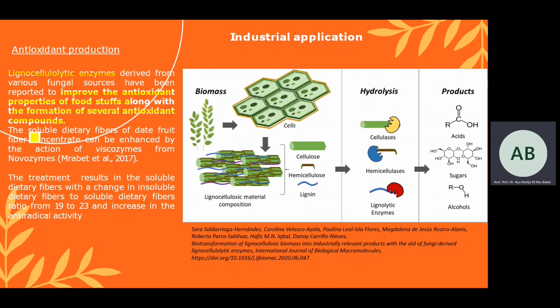For example, the soluble dietary fibers of date fruit fiber concentrate can be enhanced by this type of enzyme. In date fruit concentrate, they apply this type of enzyme to improve the antioxidant properties.